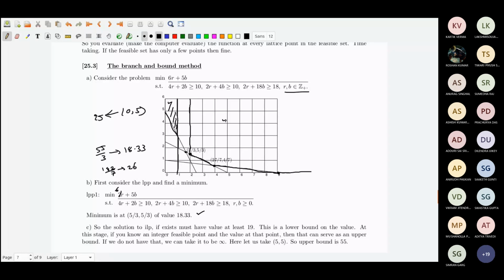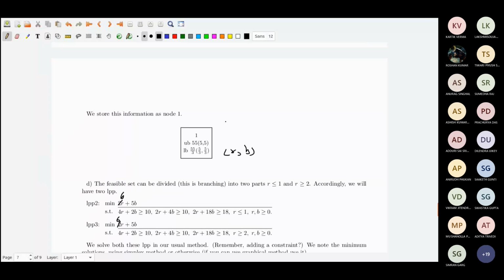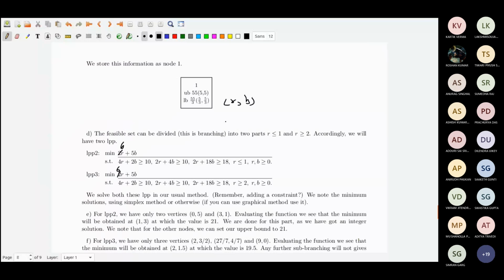So accordingly, I create two different LPPs. Node 1 is LPP1, which I have written. Now LPP2 is minimize 6R plus 5B, where R less than equal to 1, and R and B greater than equal to 0. This is the LPP. And LPP3 I have used R greater than equal to 2, R and B greater than equal to 0.